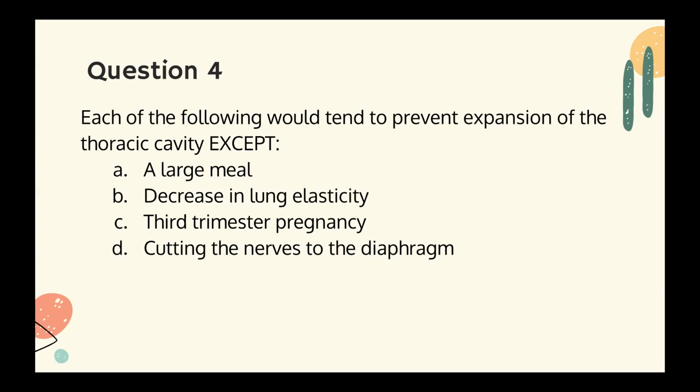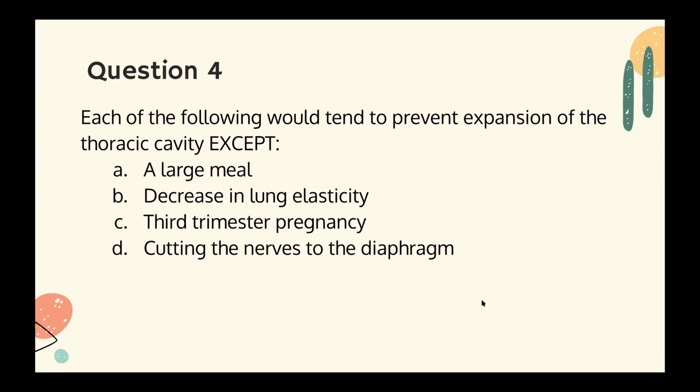So A is wrong because after you've eaten a large meal, the abdominal cavity will contain more contents. So the diaphragm will not contract as easily, which makes expansion harder. So it would prevent expansion of the thoracic cavity.